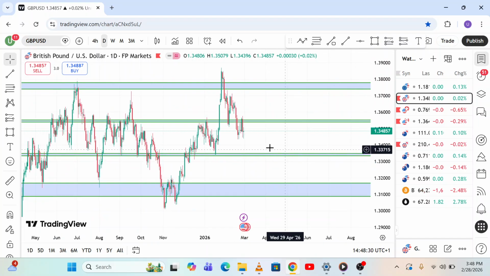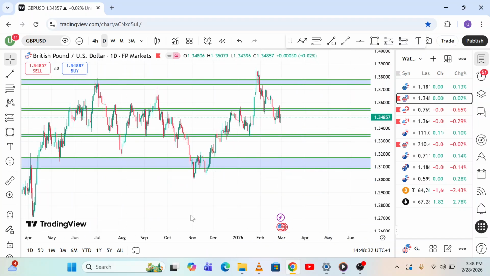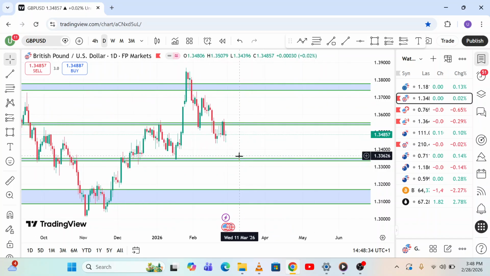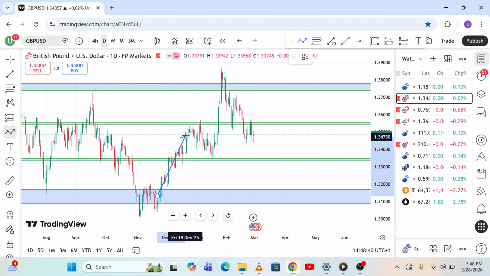You see, we have been in an uptrend, but it's reversing a little in order to complete the higher low we have been seeing in the weekly time frame. We have seen this break of structure here from a higher high. This is a higher low. This is a higher high.